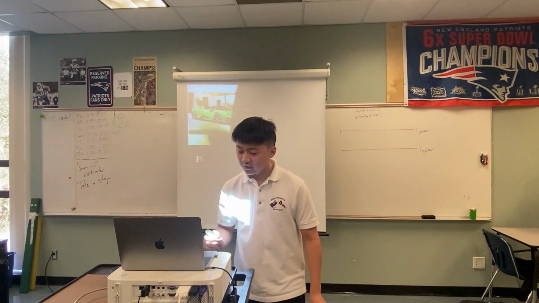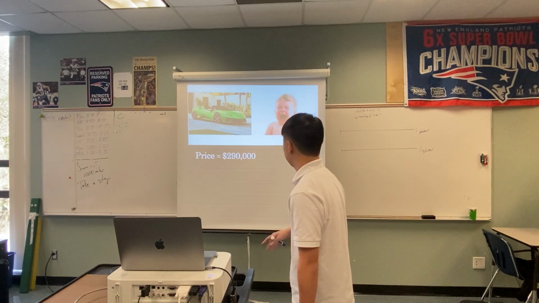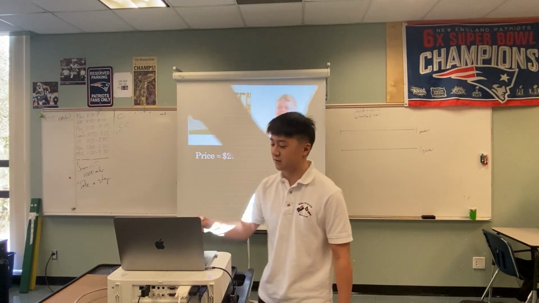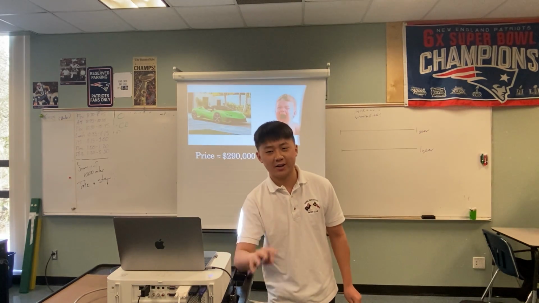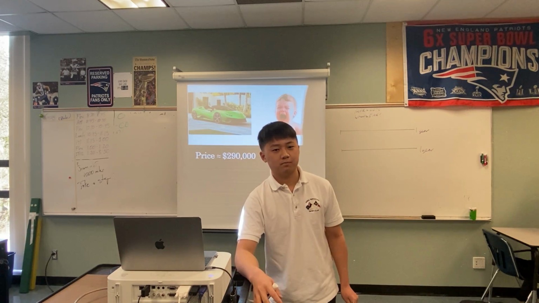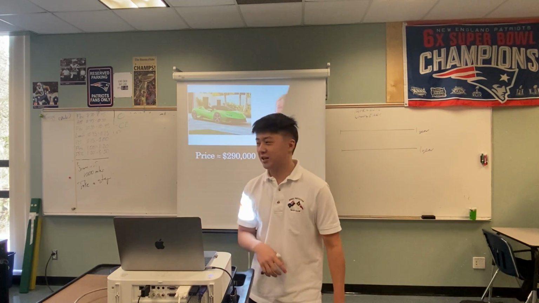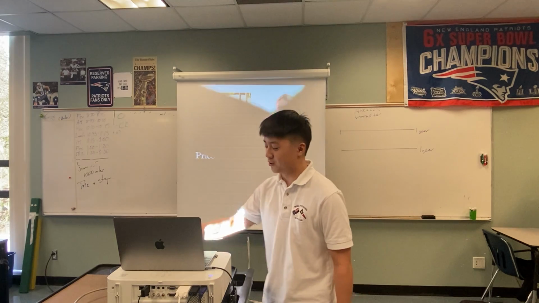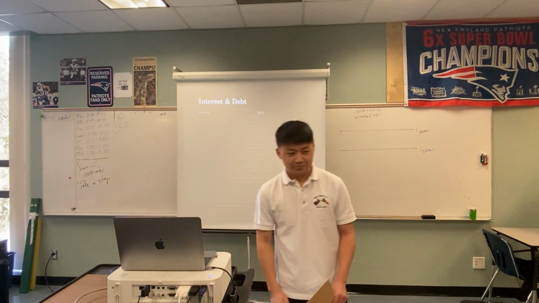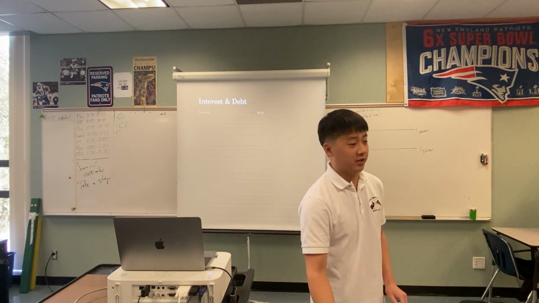So the costs are roughly $290,000, but this is over the 18 years of a child's life. But it will most likely be higher for us, if your kids plan on doing extracurriculars, or if you plan on doing piano lessons for them. So, with that out of the way, we'll start with our first one, interest and debt.